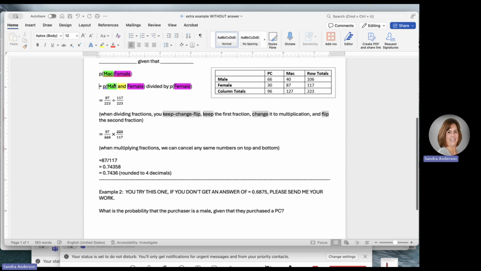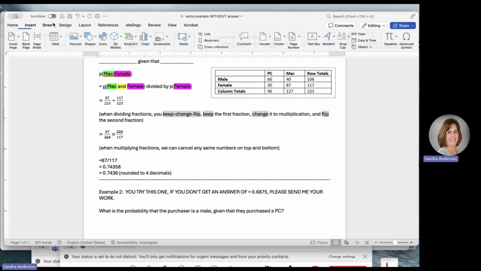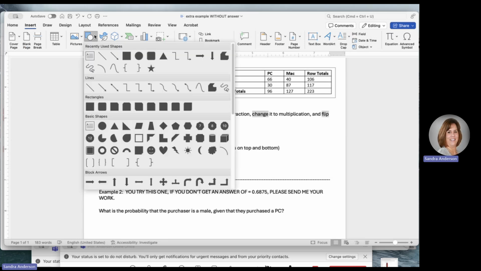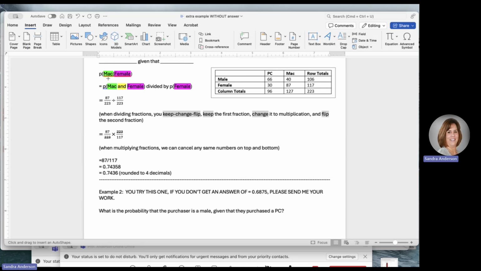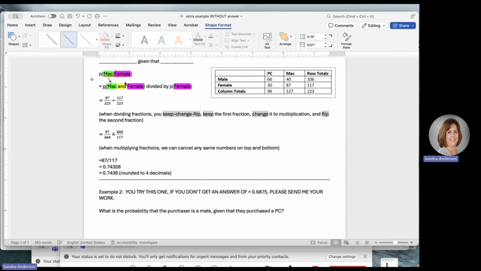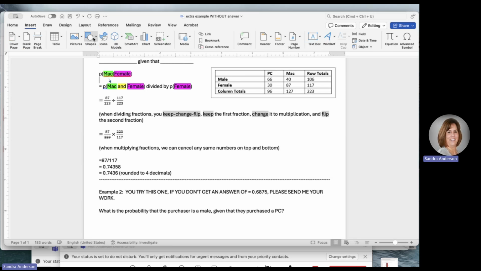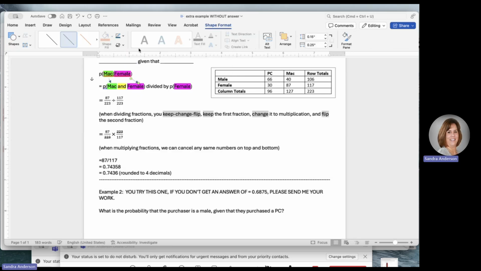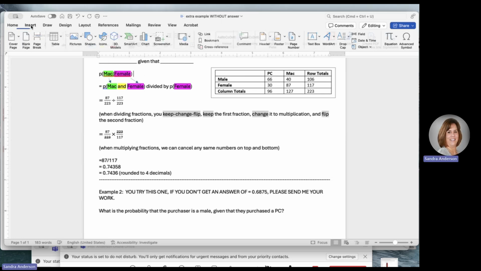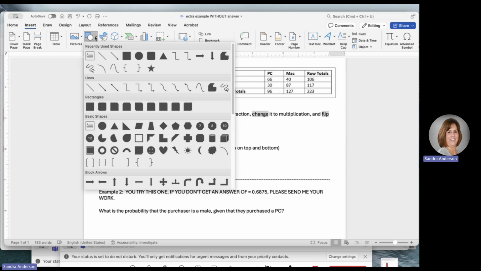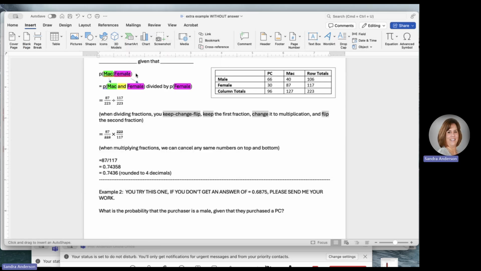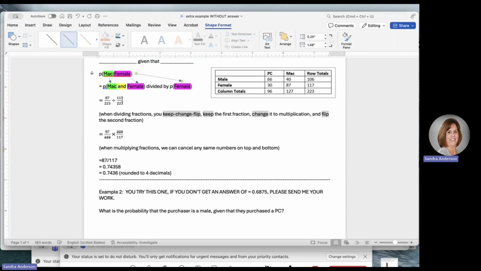So hopefully that makes sense. You could write it out like that every time, and I can even grab an arrow and show you that Mac goes to that, and female goes to both here. So if you're having problems with it, it may help you to just map it out like this.